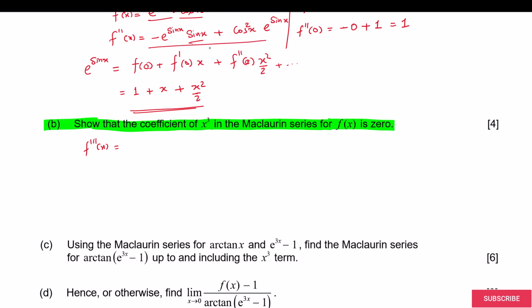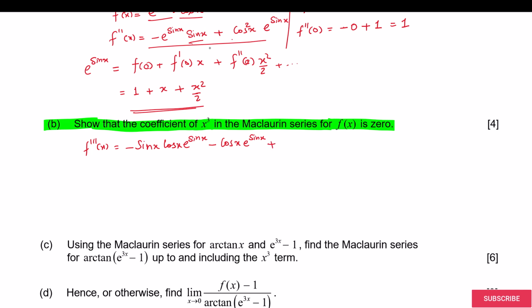It is going to be, we'll do it one by one. So first negative sine x into the derivative of e to the power sine x, which is going to be e to the power sine x into cosine x, so I'll write cosine x here, plus, means there is already minus, so I'll put it as minus, and then now the derivative of sine x, which is going to be cosine x, e to the power sine x.